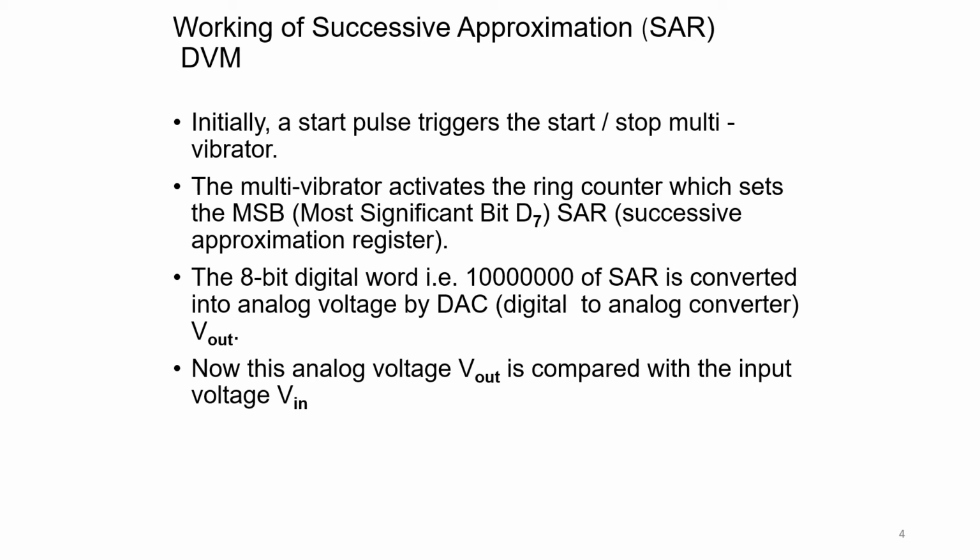The multivibrator activates the ring counter, which sets the MSB, that is bit D7, of the successive approximation register. The 8-bit digital word, that is 1 followed by 7 zeros, of the SAR is converted into analog voltage Vout by the digital to analog converter. Now this analog voltage Vout is compared with the input voltage Vin.